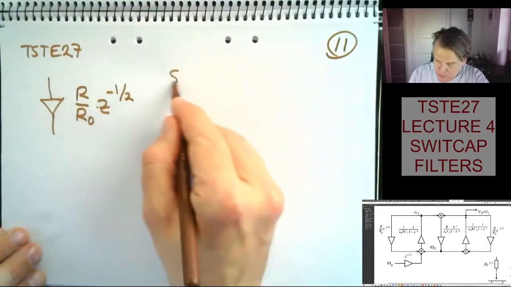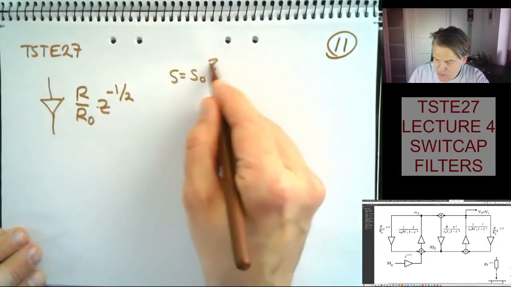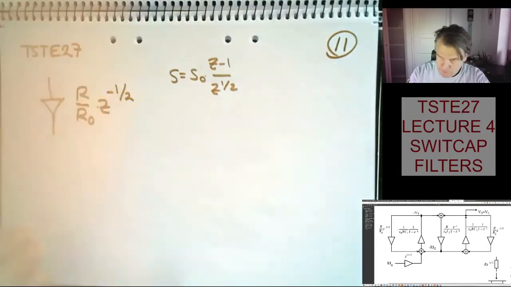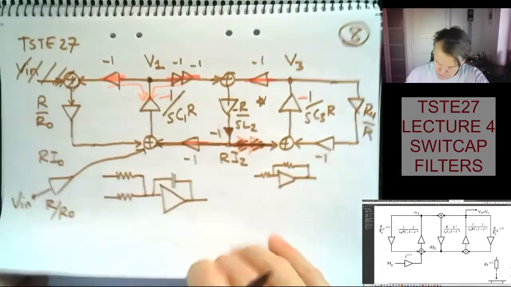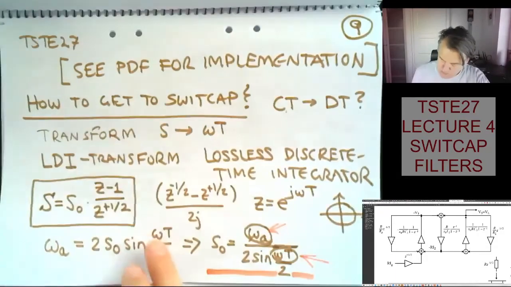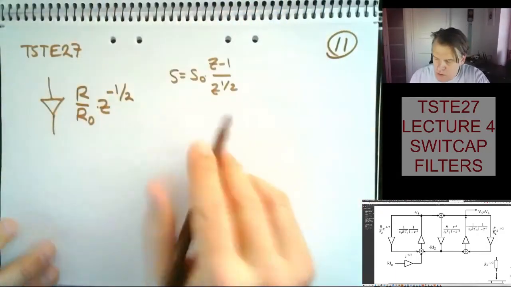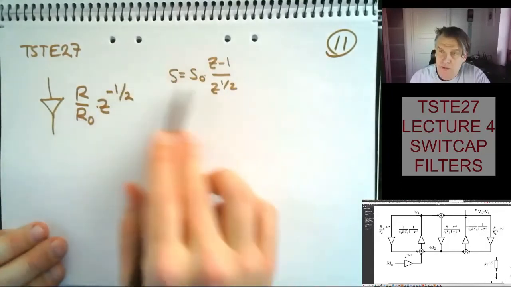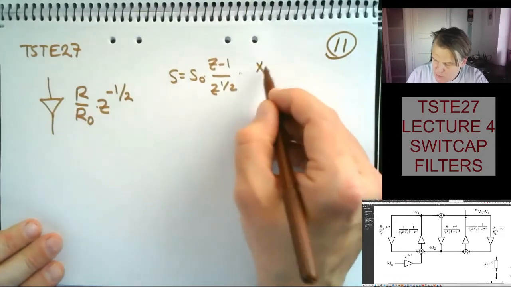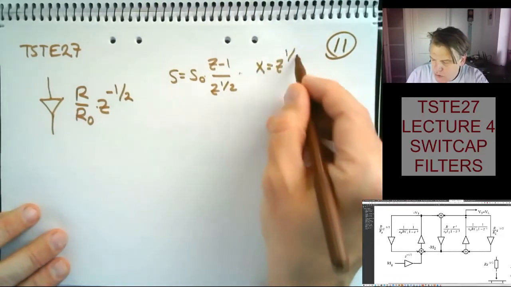So we have S equal to S naught times Z to the minus 1 divided by Z to the half. Should be plus half, of course. Z to the half. And yeah, this is a second order equation. I mean, let x be equal to Z to the half.